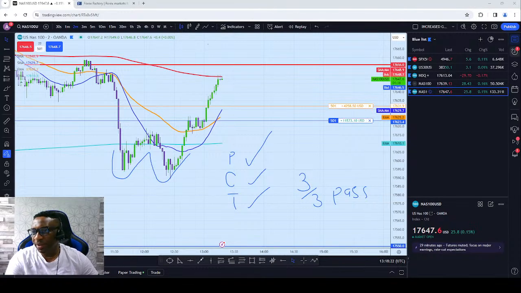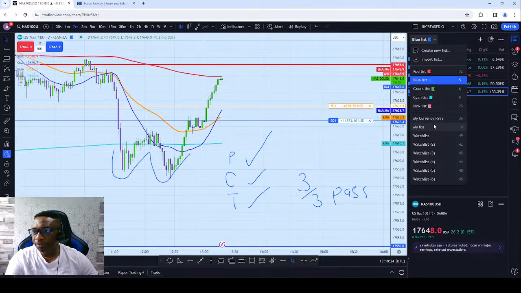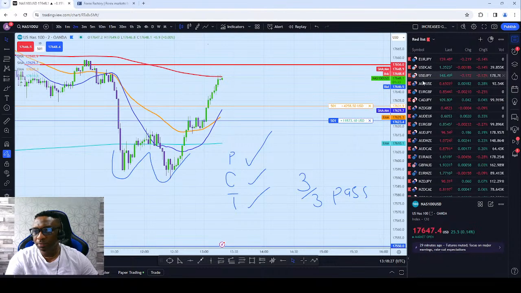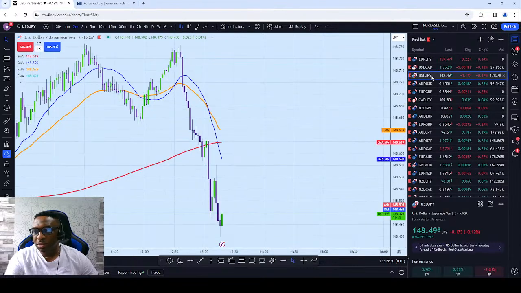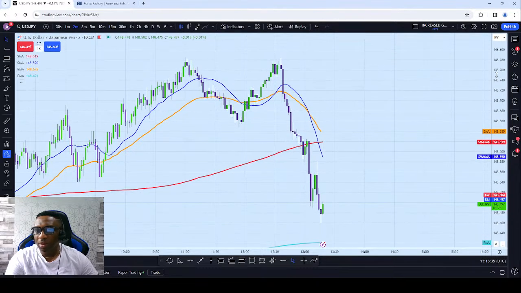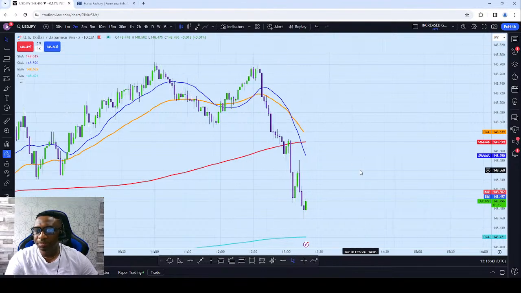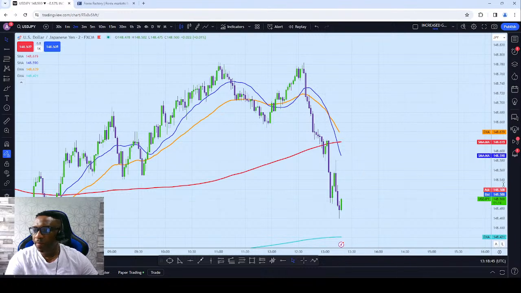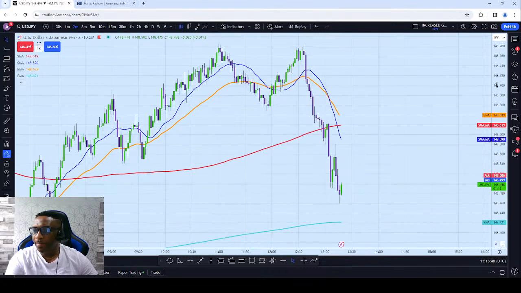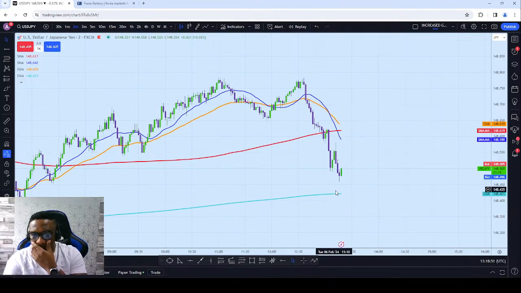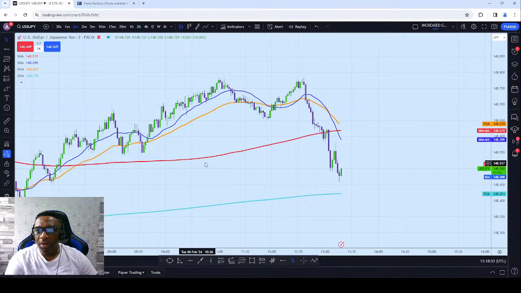Okay, USD JPY. So over here we had a nice move down.